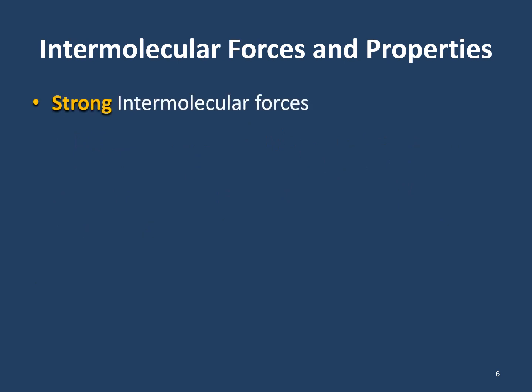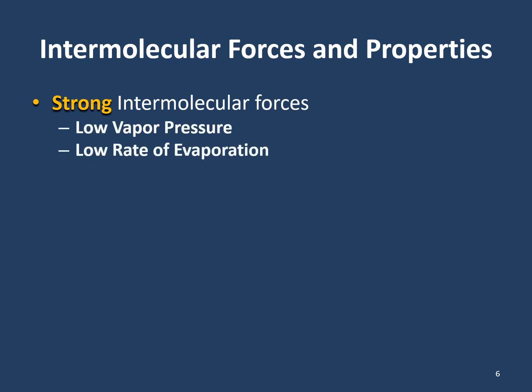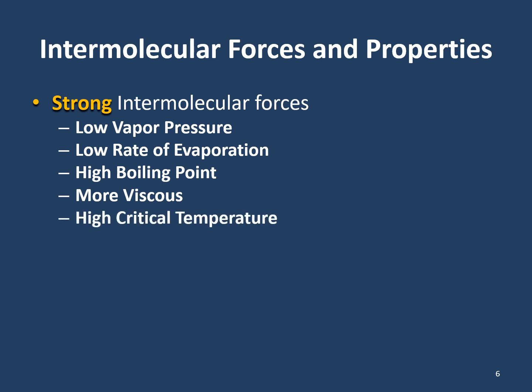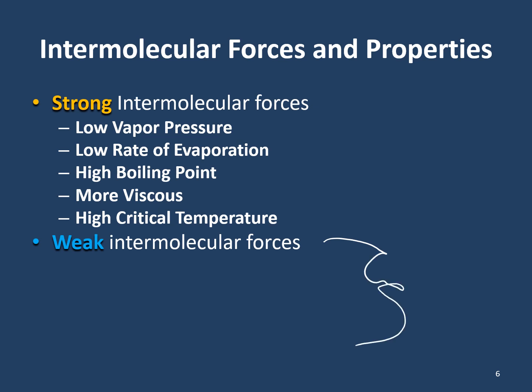So just to summarize everything that we just covered, things with strong intermolecular forces will have low vapor pressures, low rates of evaporation because of that low vapor pressure, a high boiling point, are more viscous, and have high critical temperatures. The rest of this slide is pretty much exactly the opposite of that.